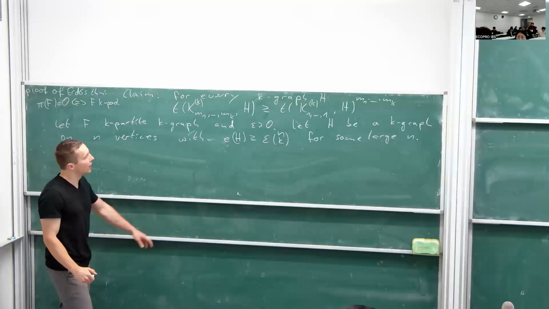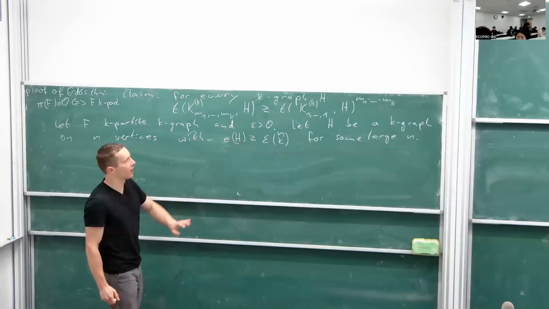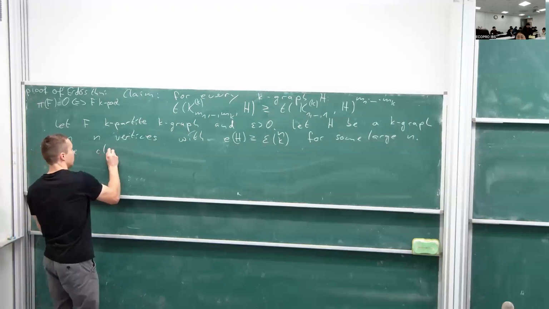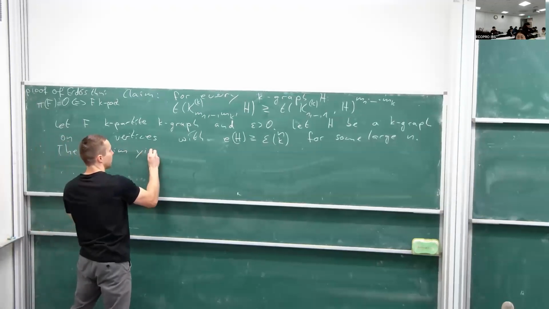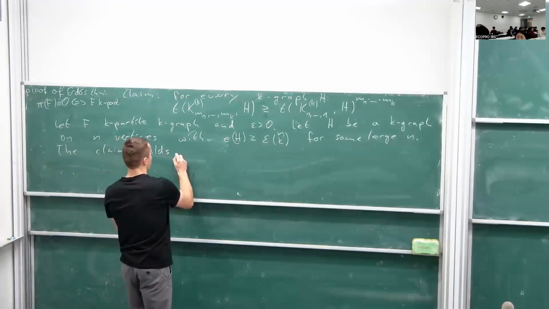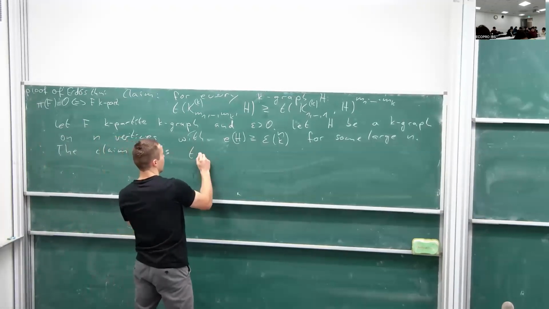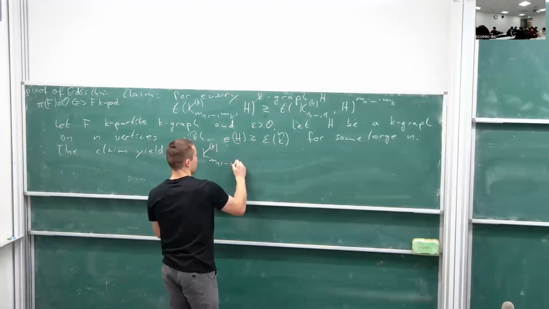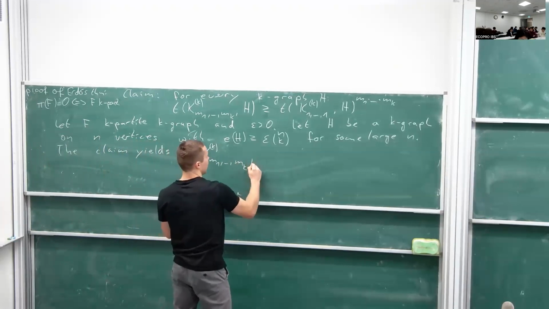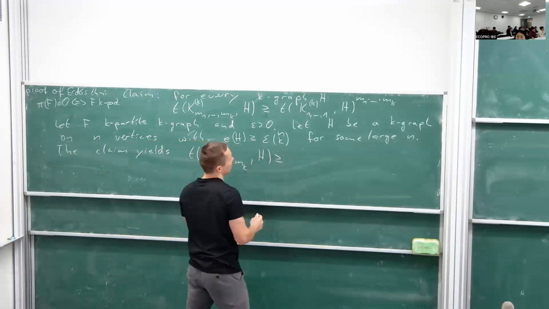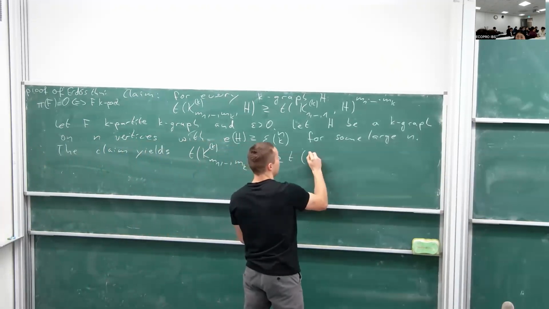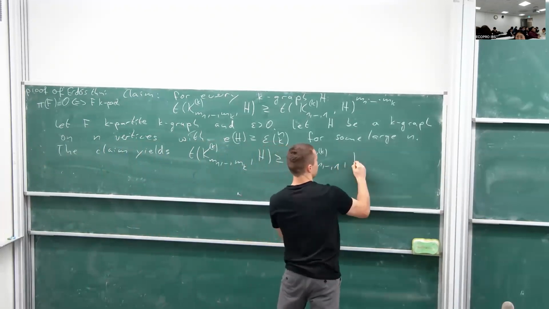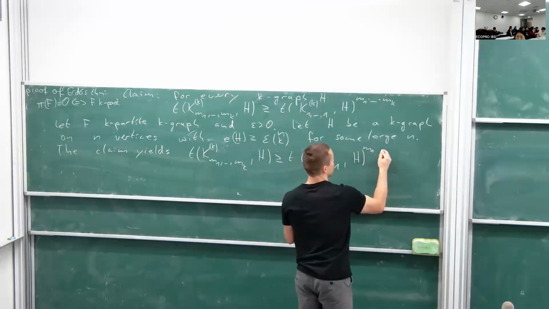Okay, and now we use this claim for this H. So the homomorphism density of this complete k-partite k-graph in H is greater or equal to that of a single edge, raised to this power.